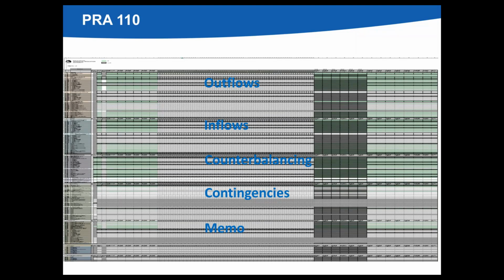Welcome, everyone. So the PRA 110 is, as I think everyone will be aware, an extremely large report. What we can see on the screen there is the entirety of it.